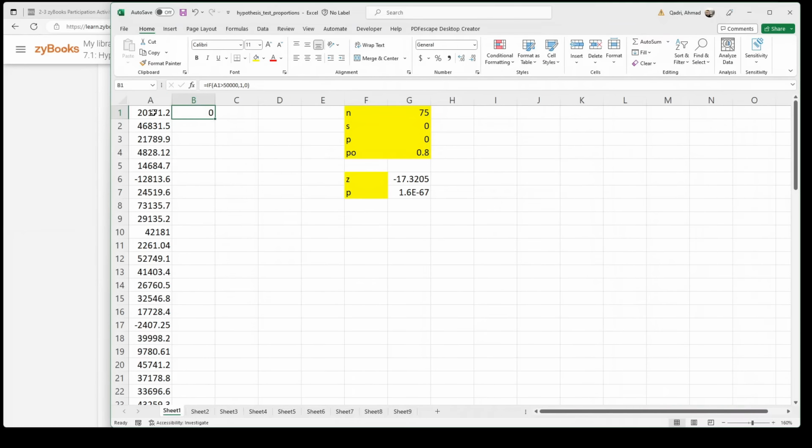And the p-value, this time we're interested in the right tail p-value, right? So we're going to use the norm.dist function, which gives us the cumulative probability that z is less than 0.5659. To get the right tail p-value, we'll just do 1 minus that.